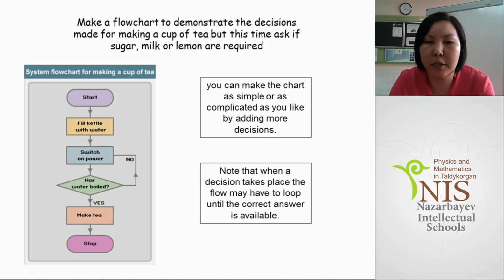Like this. Make a flowchart to demonstrate the decisions made for making a cup of tea, but this time ask if sugar, milk, or lemon are required.